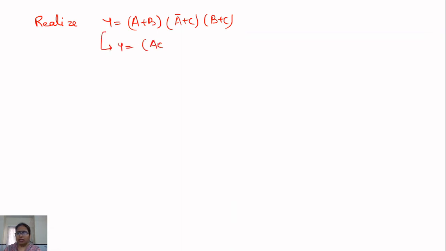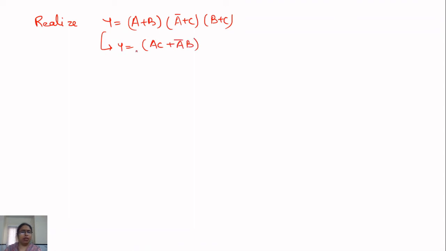Regarding the realization of the circuit, as we have seen the reduction of the Boolean expression, now let us say the realization of this expression y is equal to (a plus b) into (a bar plus c) into (b plus c). We have reduced this circuit to y equal to ac plus a bar b.